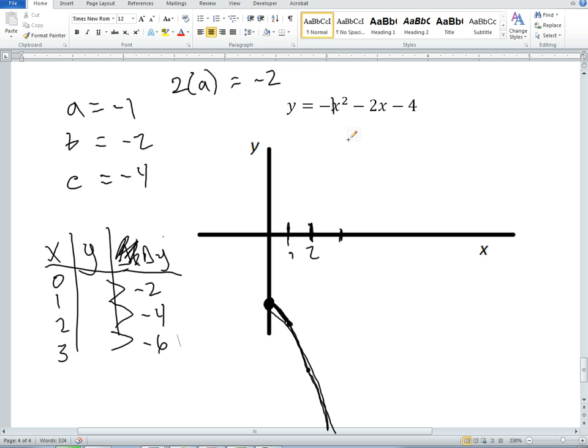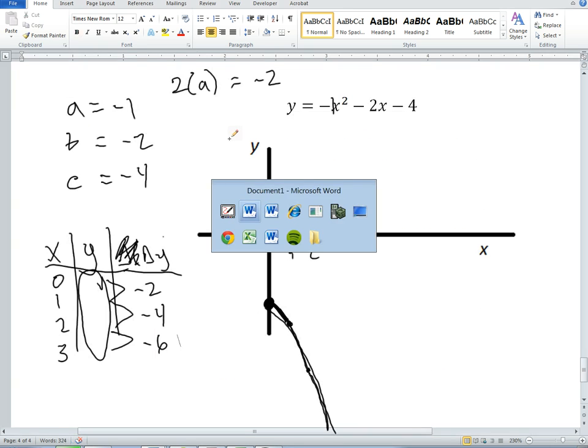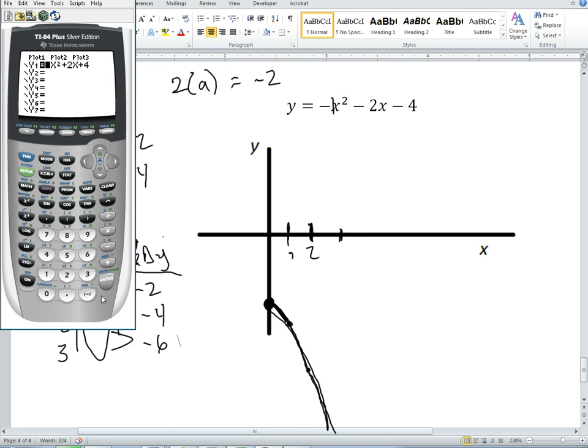So that's kind of the insight behind doing this. And again, we don't have to do a lot of complex calculations. And just to verify really quickly, we'll plug this guy in. Negative x squared minus 2x minus 4.